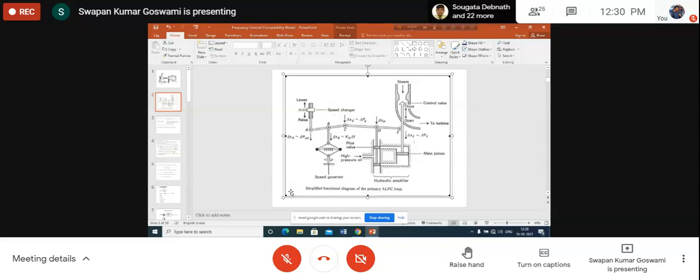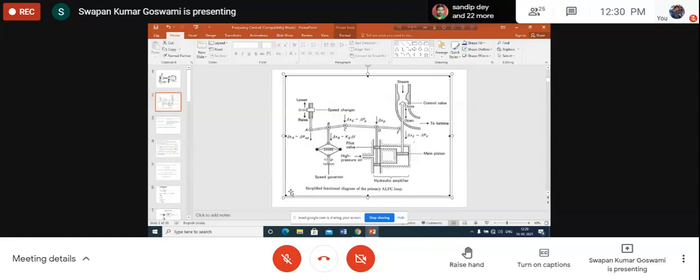Unless delta varies, you cannot change the power output of the generator. So to change the power output, the speed has to be changed, but that changes during the transition period only. That is not the steady state speed. Steady state speed for a synchronous generator always has to be synchronous. Otherwise, the system cannot run. System cannot run at stable condition.